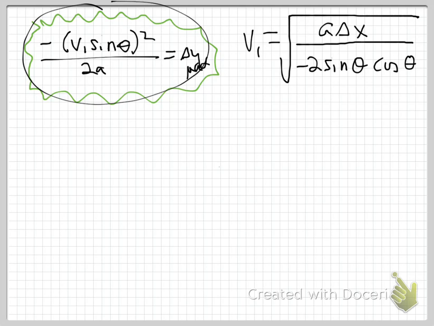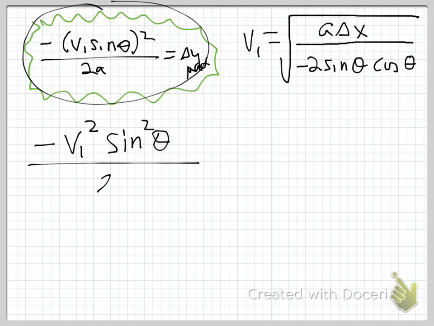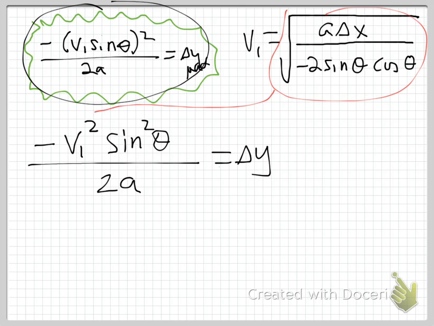Okay, so we have negative vi squared sine squared theta over 2a equals delta y. At this point, all you're doing is putting this in there, which of course means the radical goes away because it's a square root and it's squared.